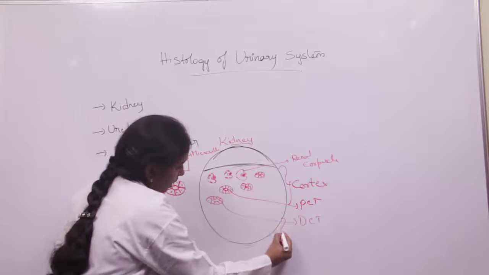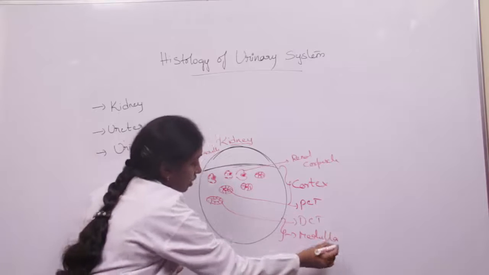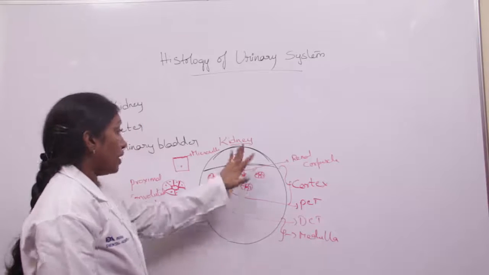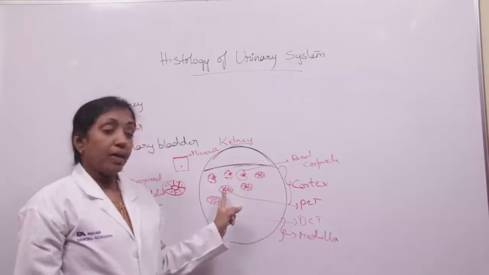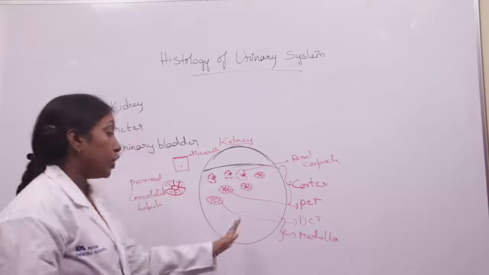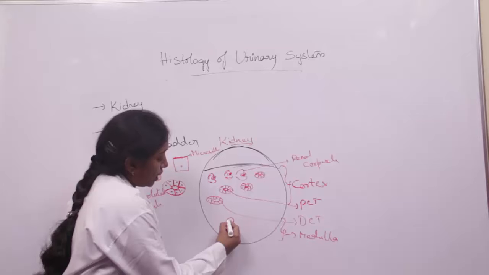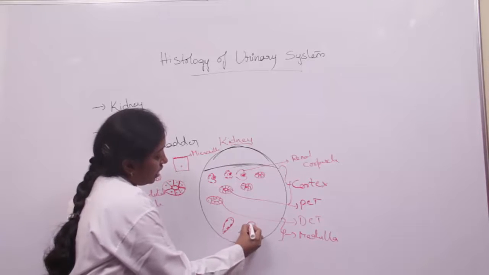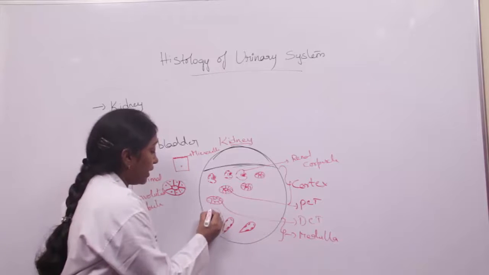And coming to the medulla of the kidney. In the cortex of the kidney, you will be able to see the renal corpuscles, proximal convoluted tubule and distal convoluted tubule. And in the medulla of the kidney, you will be able to see the loop of Henle, which is lined by flattened epithelial cells, and also collecting ducts.